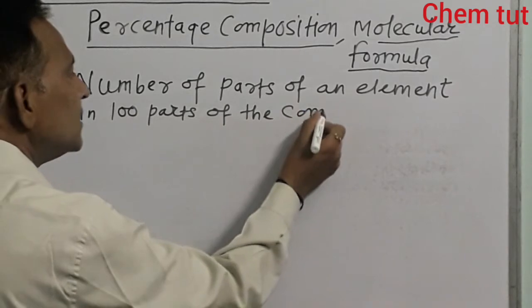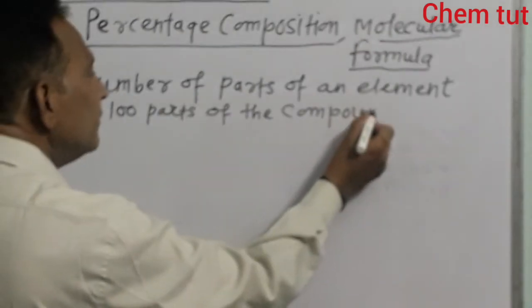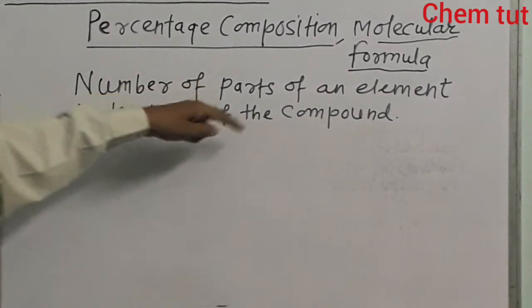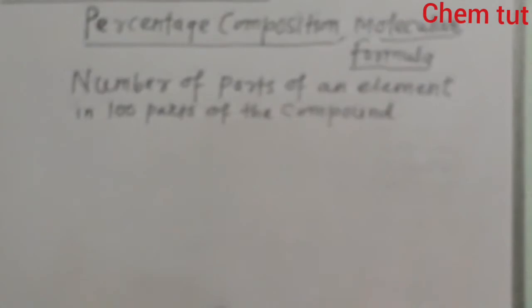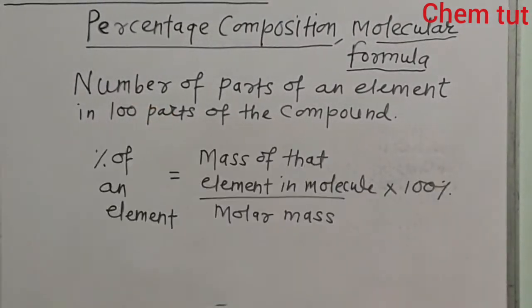The number of parts of an element in 100 parts of that compound is called the percentage composition.